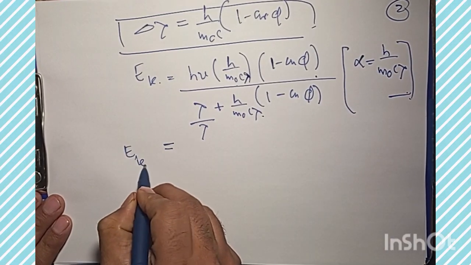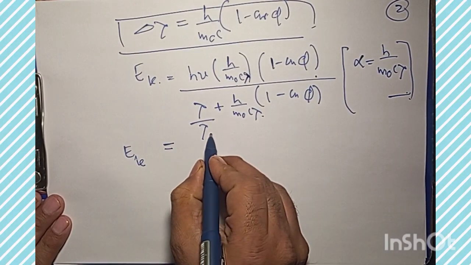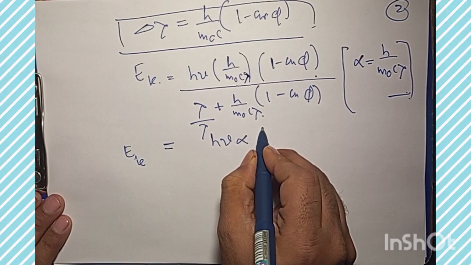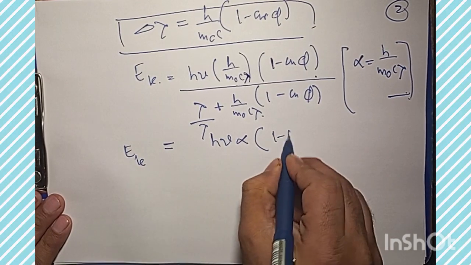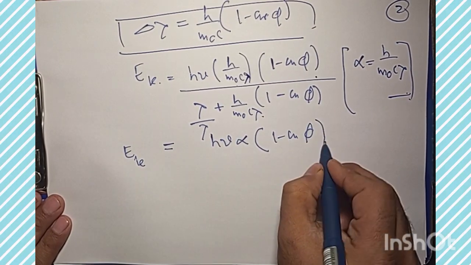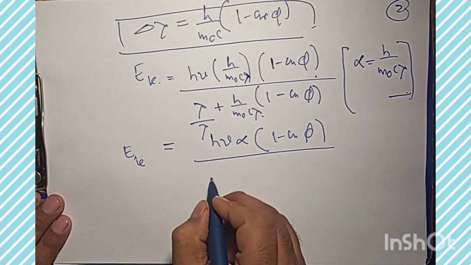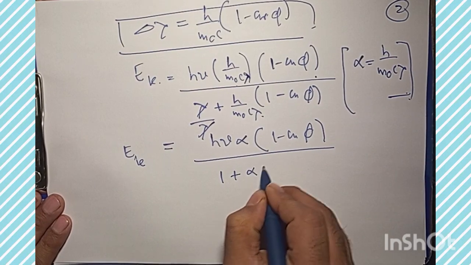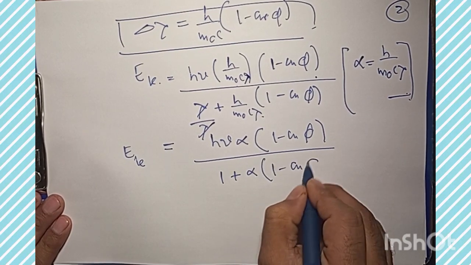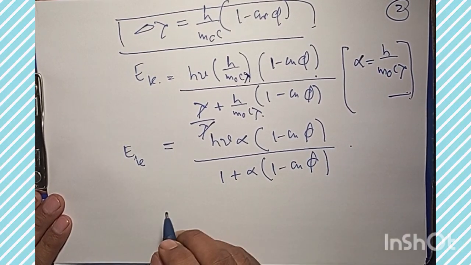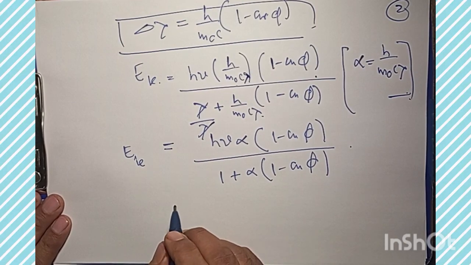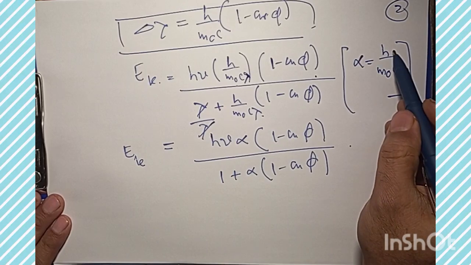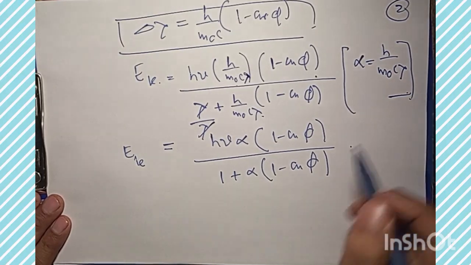So this Ek is going to be h nu times alpha times 1 minus cos phi in the numerator, and in the denominator we have 1 plus alpha times 1 minus cos phi. We can understand why alpha is here, because alpha is h by m naught c lambda.